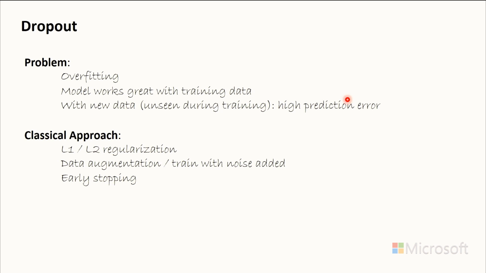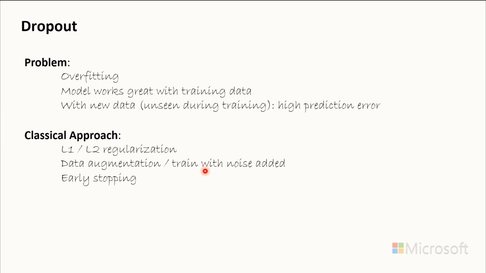So the classical approach, which I assume most of you are familiar with as part of your ML basics, is regularization, which is L1 and L2 regularization. Some other techniques that are also taught in many machine learning courses are data augmentation or training with noise added.